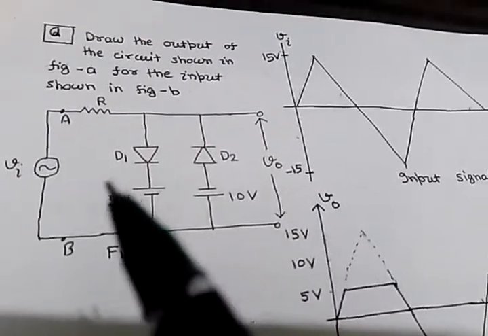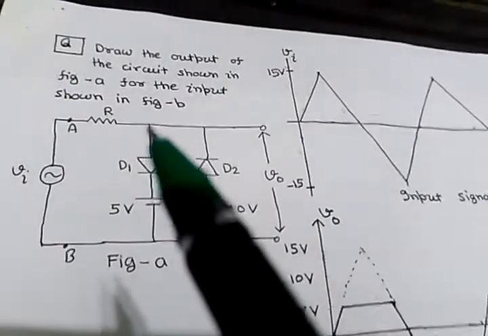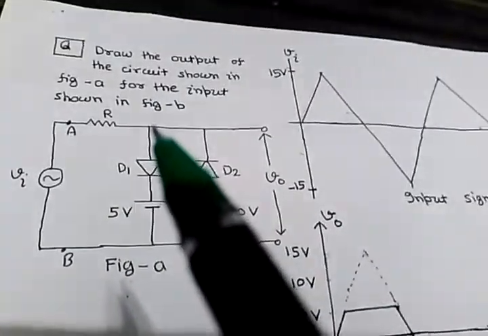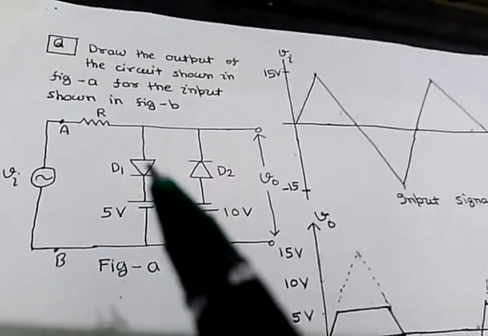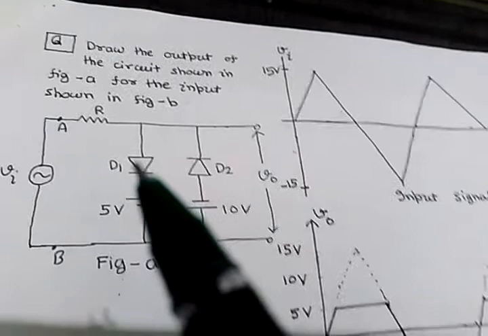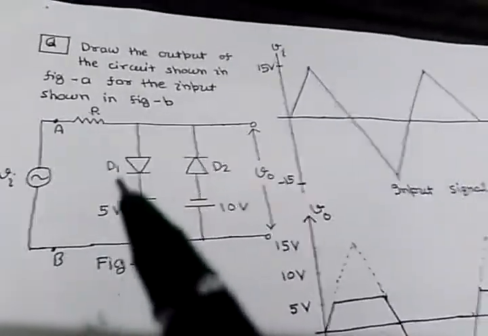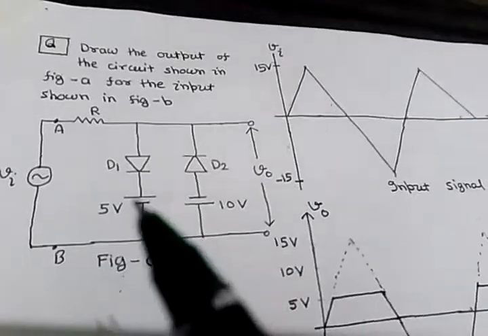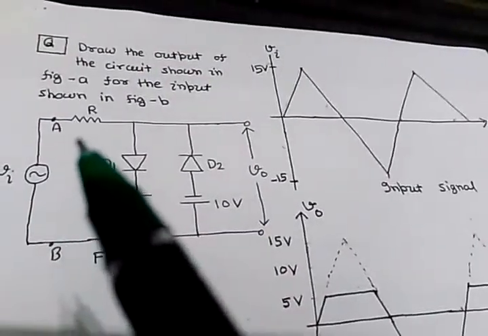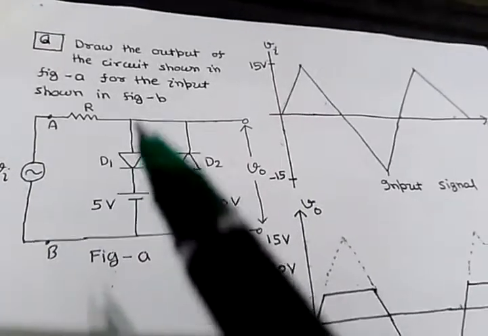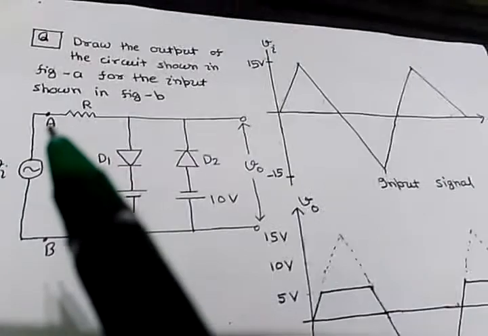When the input signal is less than 5 volt and point A is positive, the P region of diode D1 will be at lower voltage than the N region, because here the N region is at positive 5 volt and our input signal is less than 5 volt. So the P region will be less than positive 5 volt.